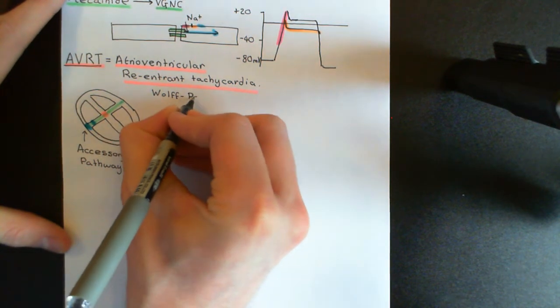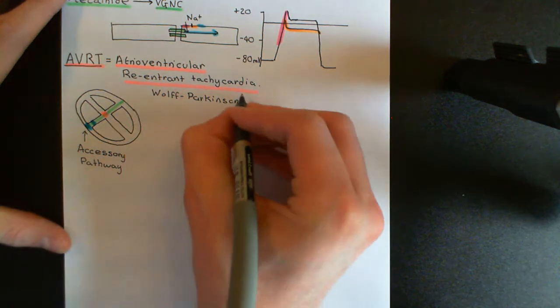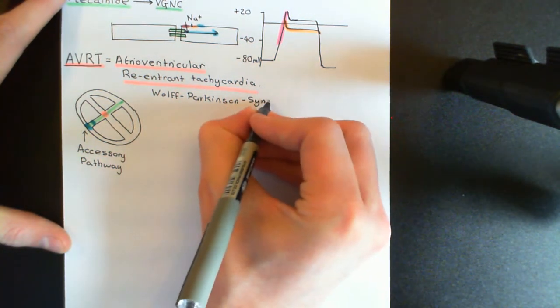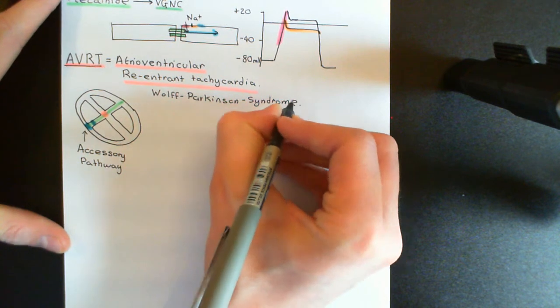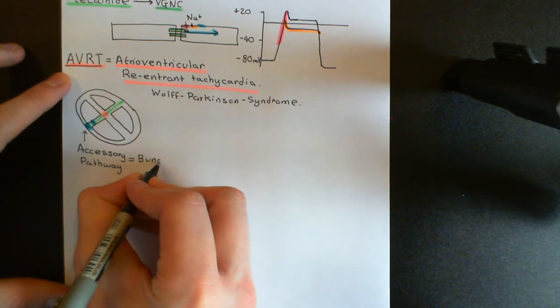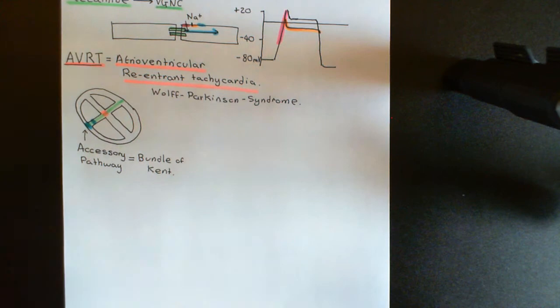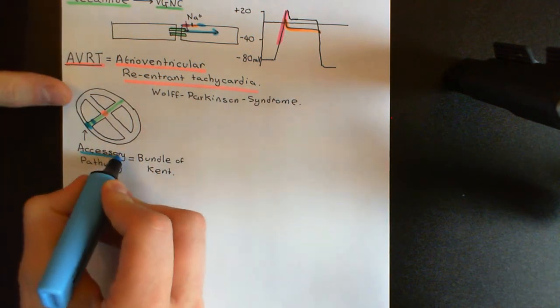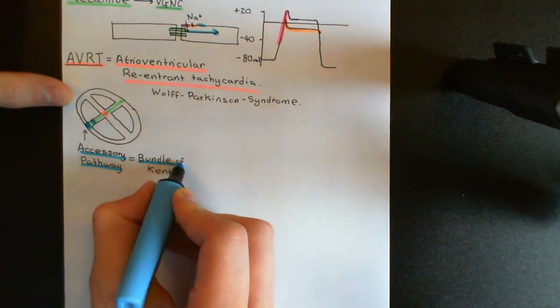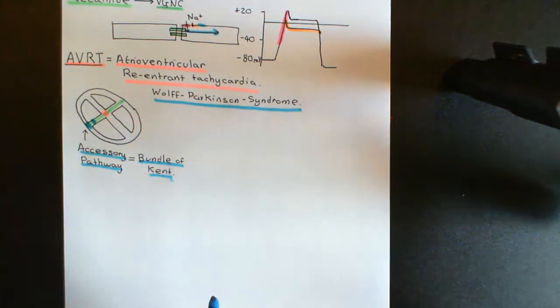In Wolff-Parkinson-White Syndrome, the accessory pathway is also known as the bundle of Kent. So if you have an accessory pathway or a bundle of Kent, then you will suffer from Wolff-Parkinson-White Syndrome, where normally your heart rhythms are perfectly normal, you're in normal sinus rhythm, but you are at risk of having episodes of atrioventricular re-entrant tachycardia, AVRT.